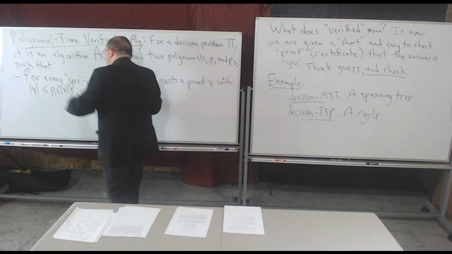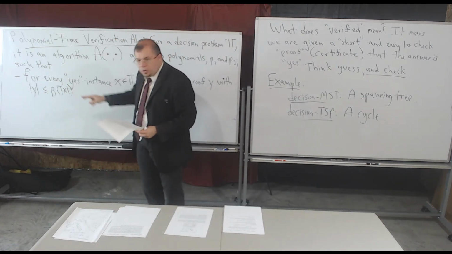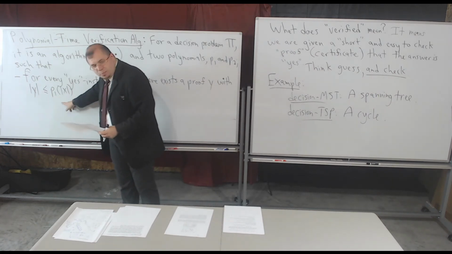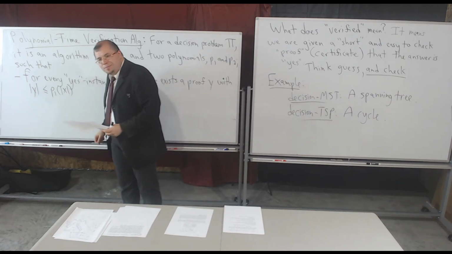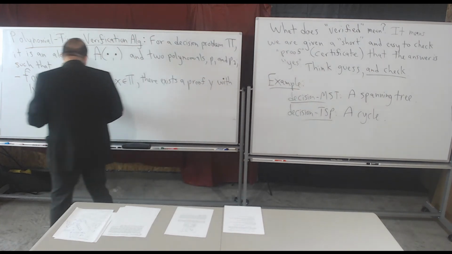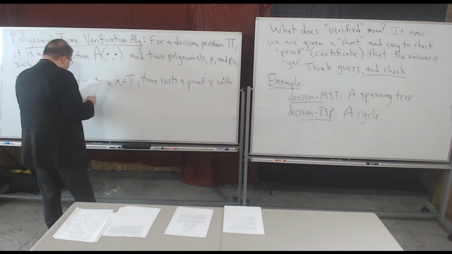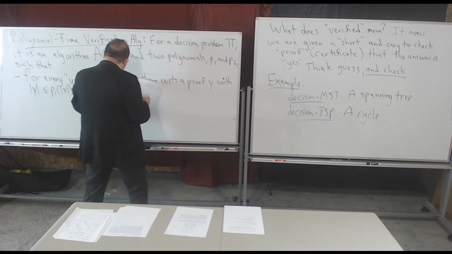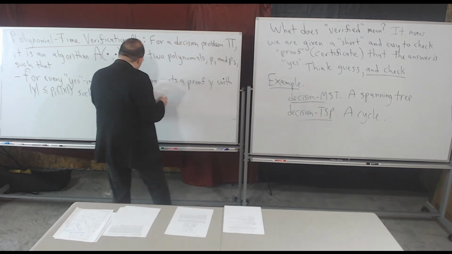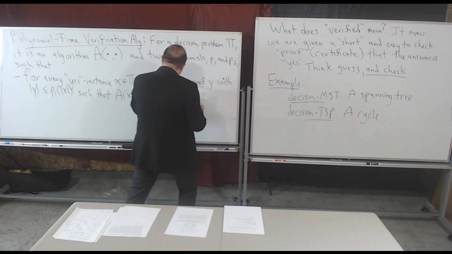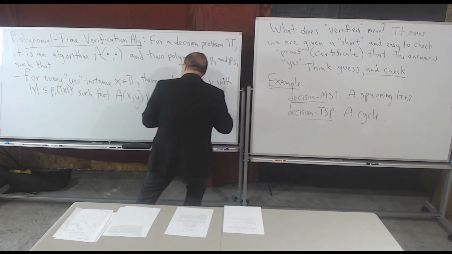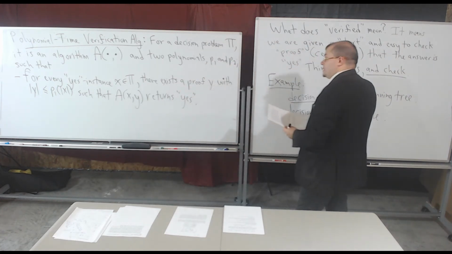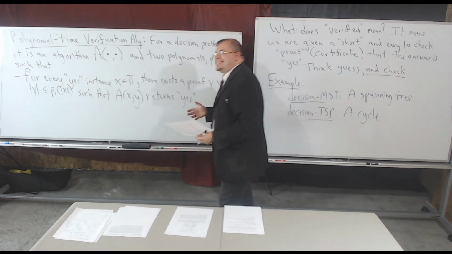So the way you could say this is the length of the proof is at most the first polynomial in the input size of the input instance x, such that A(x, y) returns yes. Remember, I want you to notice that it says there exists here, so I get to pick what the proof looks like, because it just has to exist.